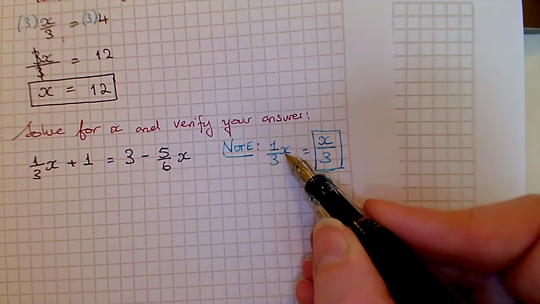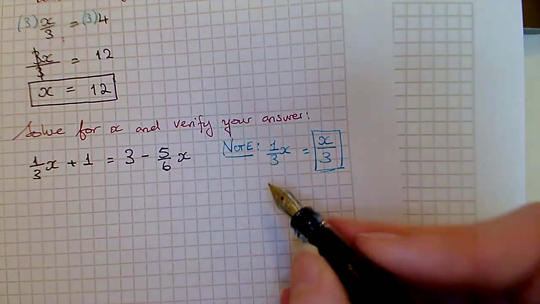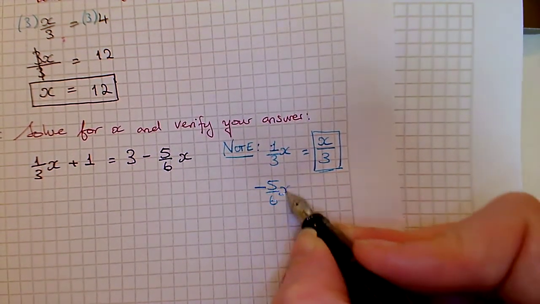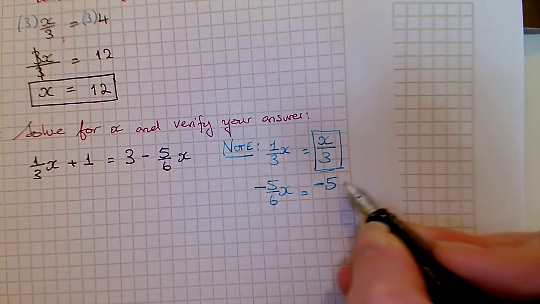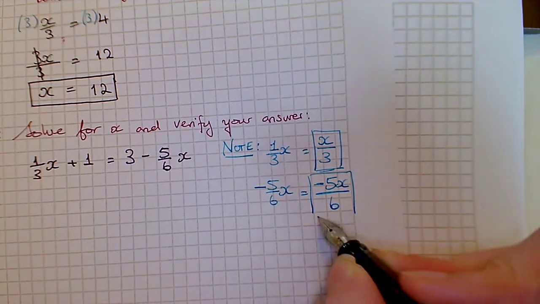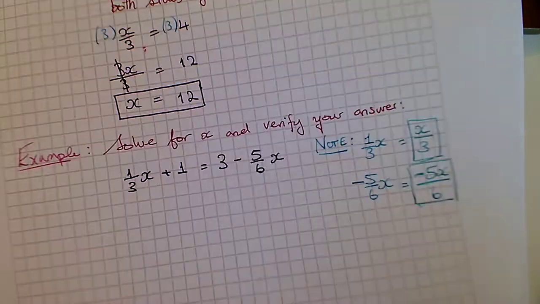So this is 1 times x divided by 3. That's what it means. And I feel like it looks a lot more clear like this. And minus 5 over 6x is minus 5x divided by 6. If we start writing our fractions like that, it makes it much easier to solve them.